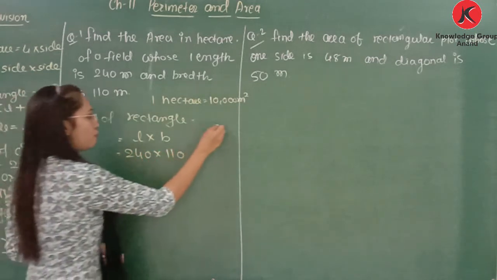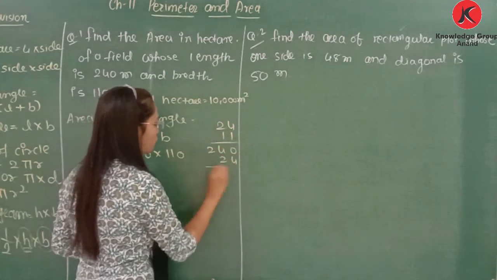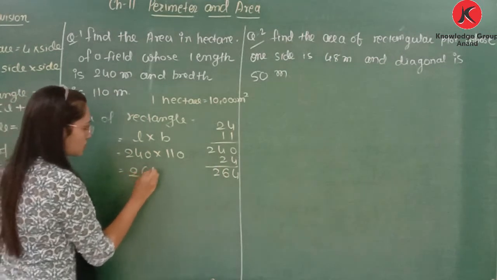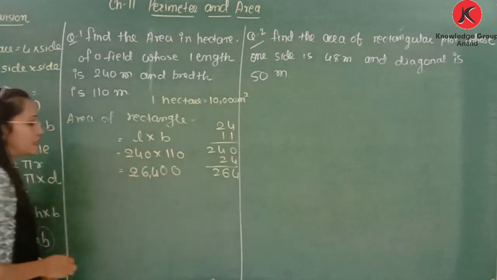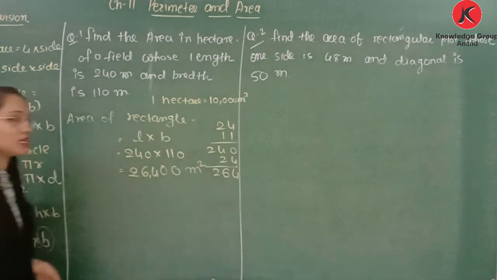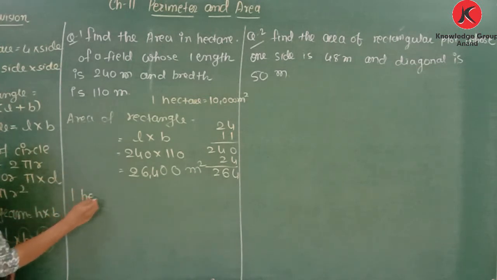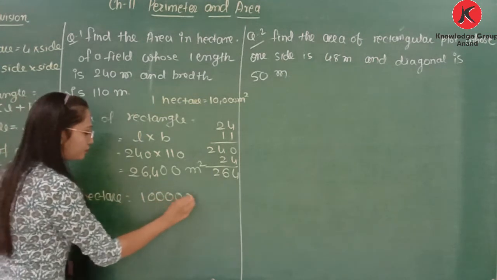So multiply 24 with 11. 24 times 11 is 264, and the 0s will be last. It is 26,400 meters square. That is the area of the field. Now in hectare we know that 1 hectare is equal to 10,000 meters square.